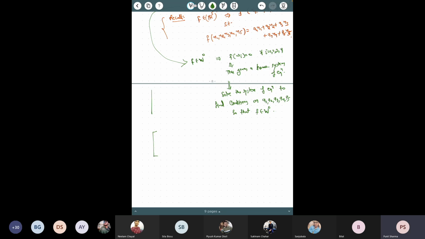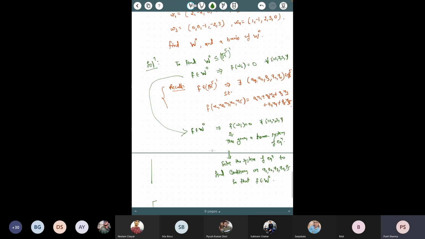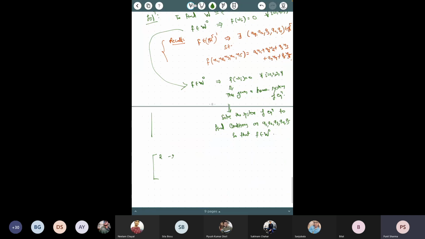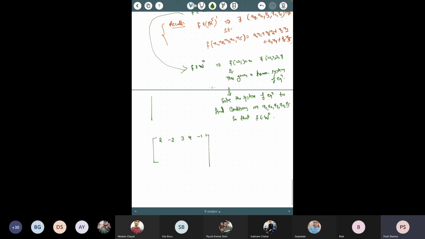What would it be? The first would be, if you look here, 2, minus 2, 3, 4, minus 1, multiplied by a1, a2, a3, a4, a5. So I'm writing it in this way, right? And then the second would be minus 1, 1, 2, 5, 2. This is the coefficient of W2.